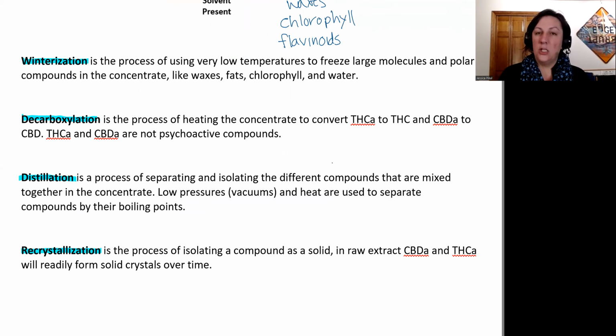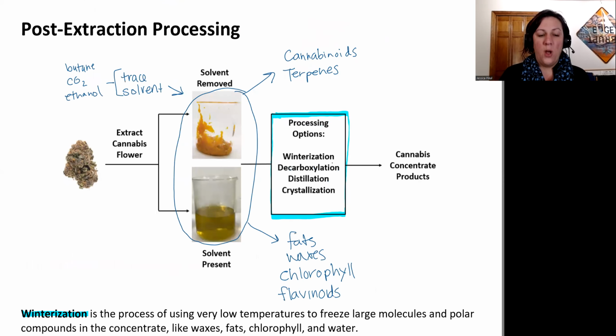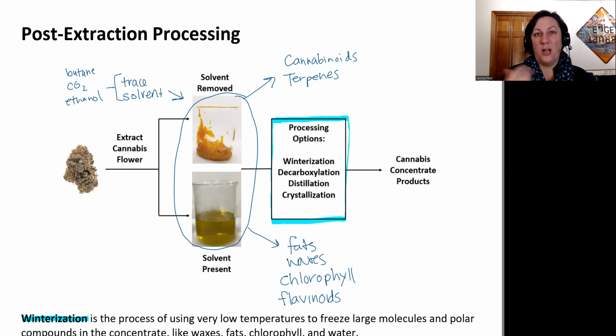And so we'll walk through each of these individually to get a picture of what different types of processing might look like on an industrial scale as we're extracting cannabis from plants or extracting cannabis plants to get a concentrate product.